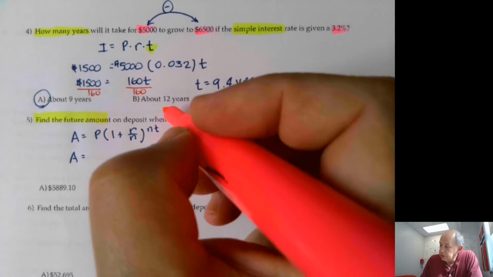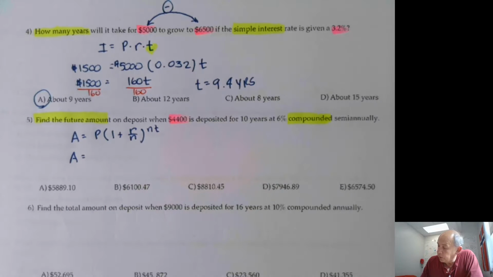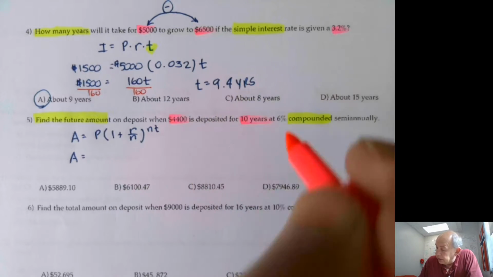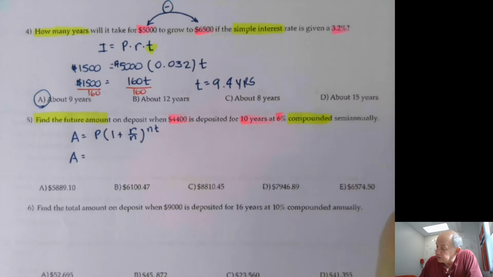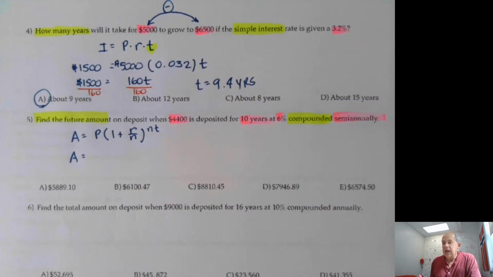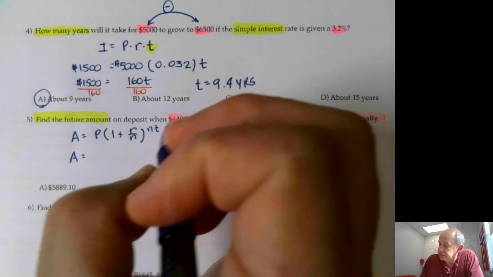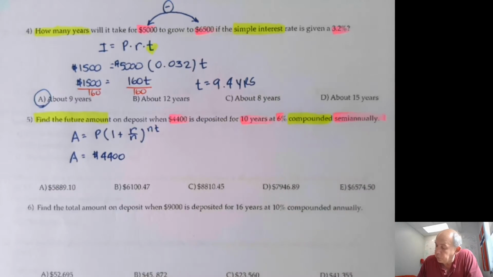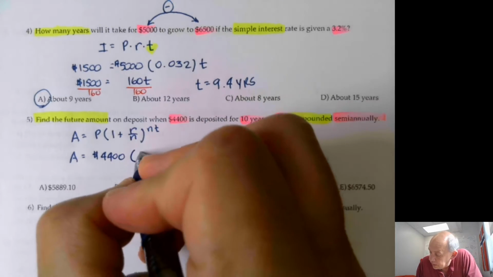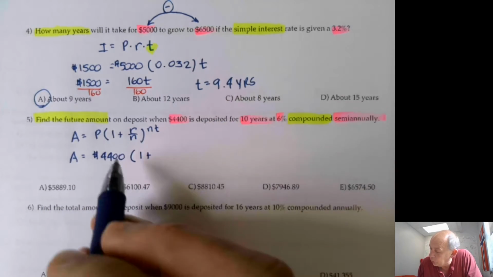So I'm going to start with $4,400. I'm going to leave it sit in the bank for 10 years at a 6% interest rate, and I'm going to highlight that word semi-annually, and you'll see why I did that in just a second. So I'm going to start off with $4,400. That's my P. There's my 1.